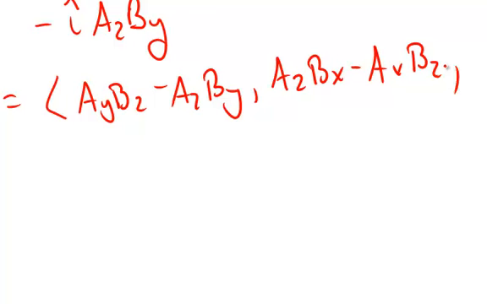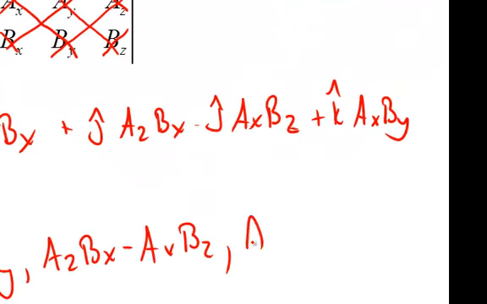And then the z component is the k hat, AX BY minus AY BX. So that's one way of figuring it out using this determinant here.